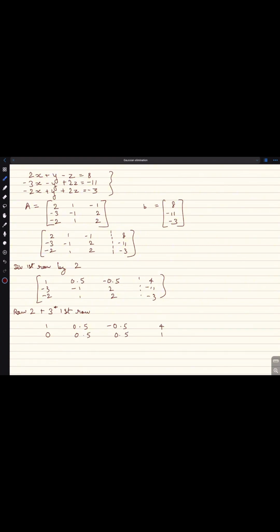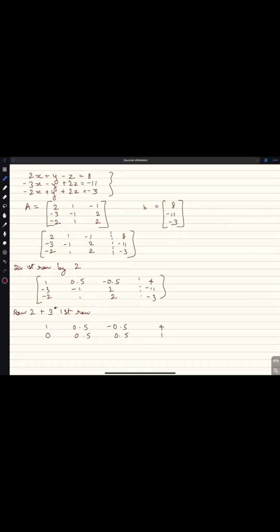This is coming from minus 3 plus 3 multiplied by 1, which gives us 0, minus 1 plus 3 multiplied by 0.5, which is 1.5.